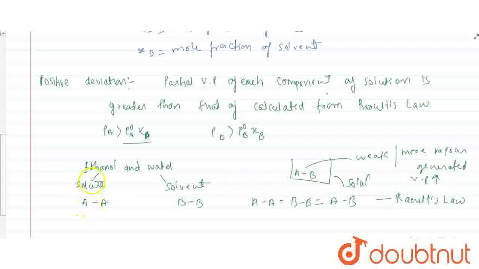When you mix ethanol and water, the interaction between ethanol and water is weak. That is, the interaction between ethanol particles and between water particles is more as compared to the interaction between ethanol and water. So they get vaporized more and have a high vapor pressure. Such a type of solution always shows positive deviation from Raoult's law.